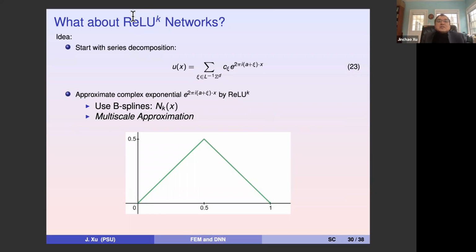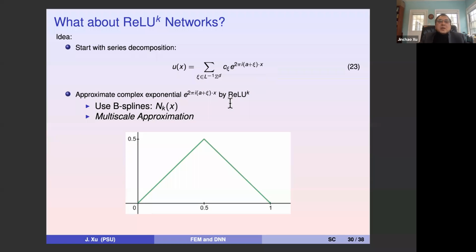Now we go to the ReLU^k network. I'm talking about this piecewise polynomial of degree k, ReLU^k power. So the way to do this business is that you can write this like a Fourier series on this kind of scaled and shifted lattice.